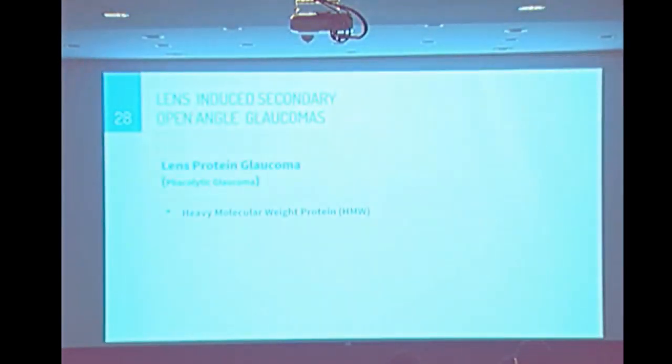Heavy molecular weight proteins increase with age. Studies have shown that they appear with cataract formation, mainly in the nuclear region, and are absent in infantile and juvenile lenses.